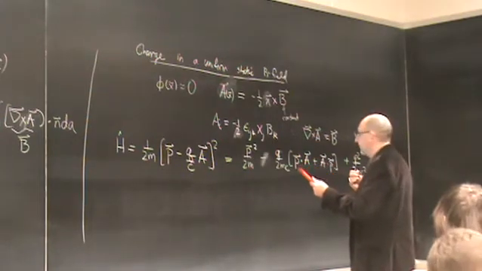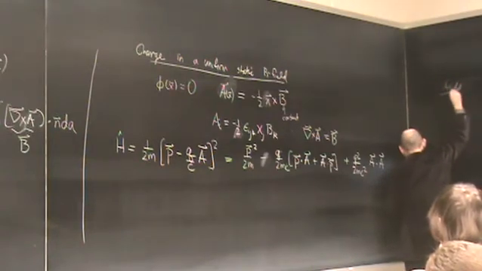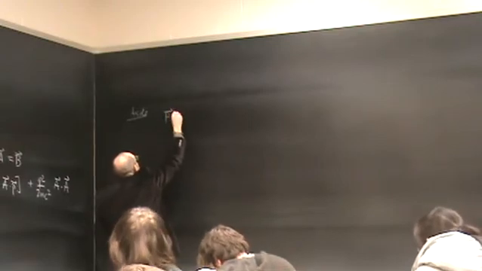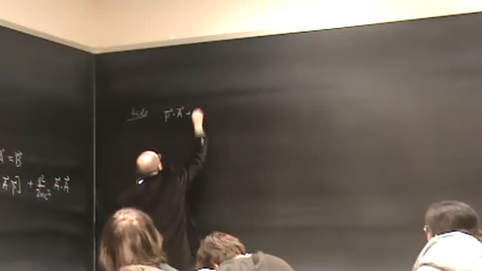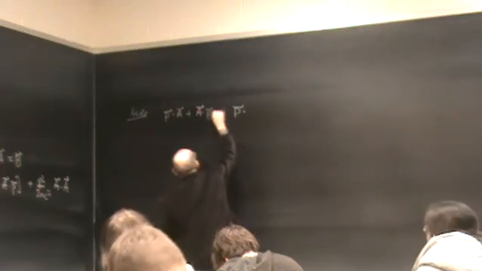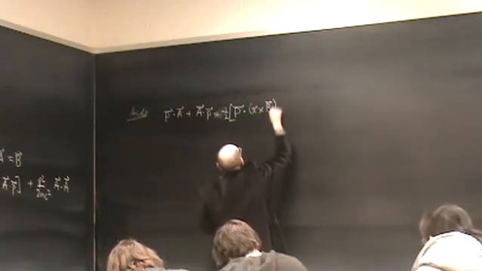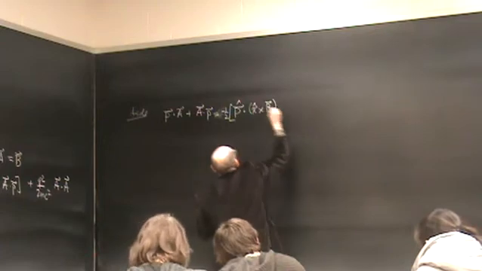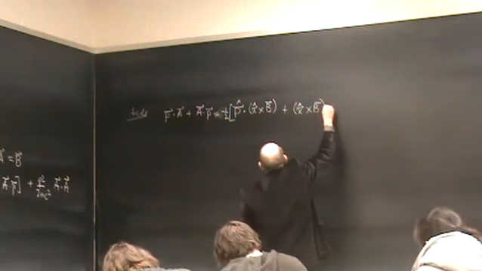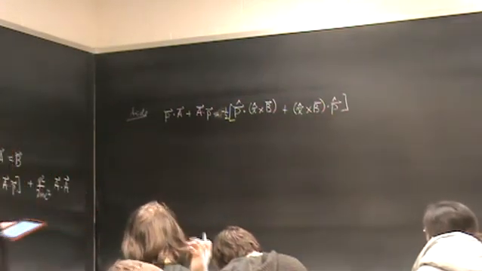So let's take a look at these terms. p dot A plus A dot p is equal to p dotted into minus a half x cross B, and these are operators, plus x cross B dotted into p, given that form of the vector potential.